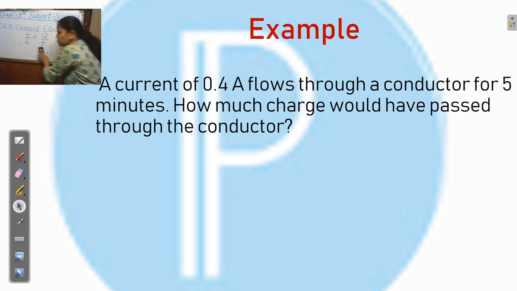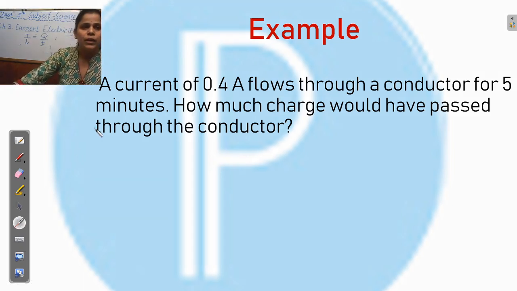The question is: a current of 0.4 ampere flows through a conductor for 5 minutes, so T equals 5 minutes. How much charge would have passed through the conductor?